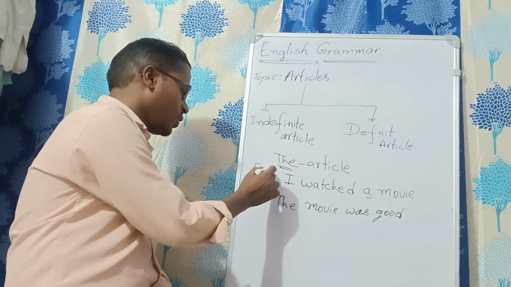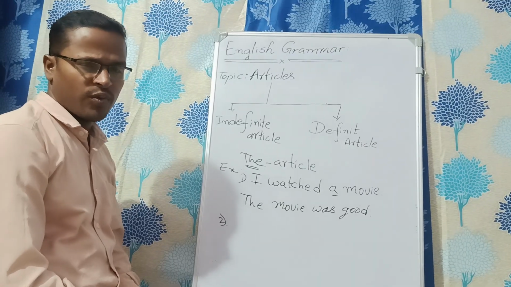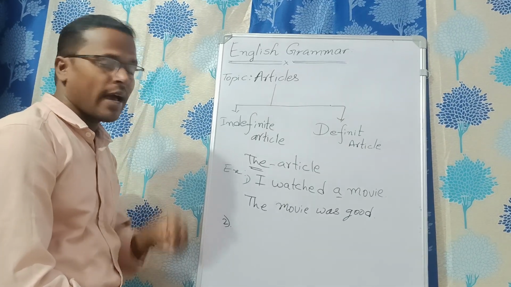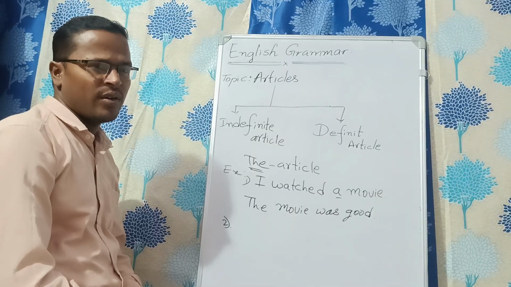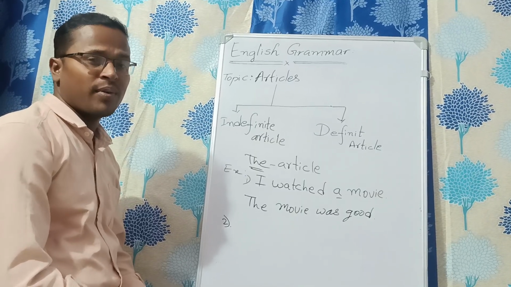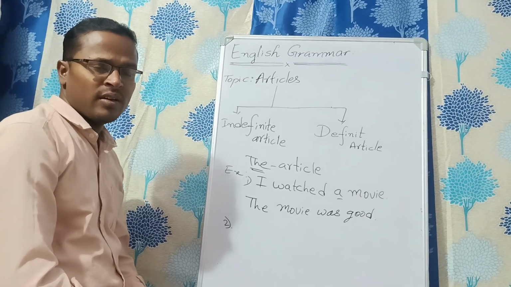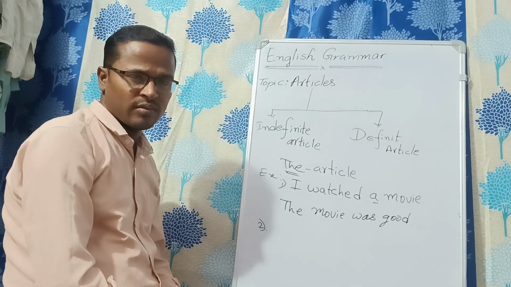So when you go to another example also. For example, you might have heard so many tales. Once upon a time there was a lion. The lion was the king in the forest.